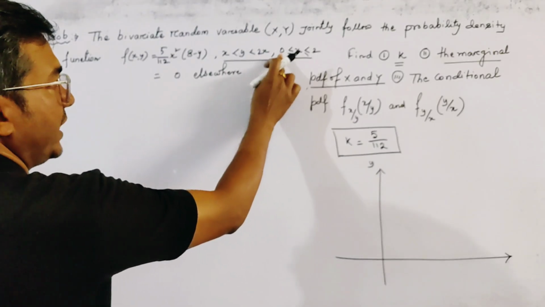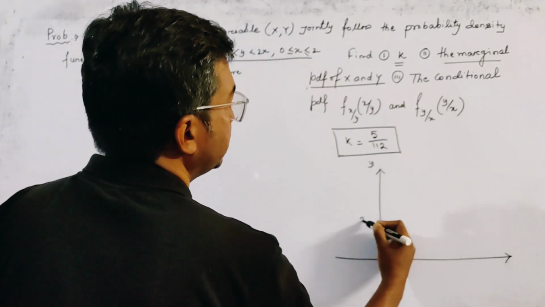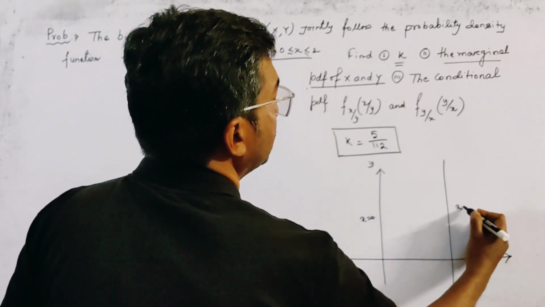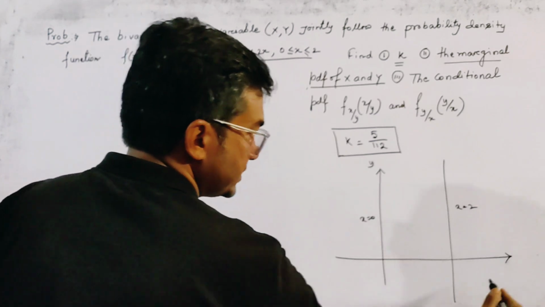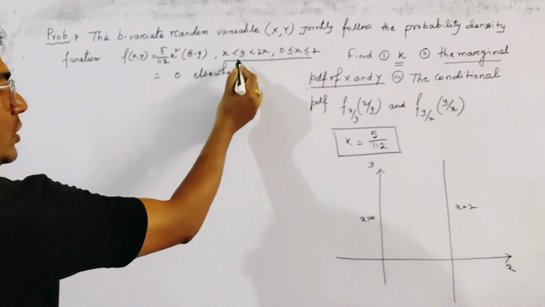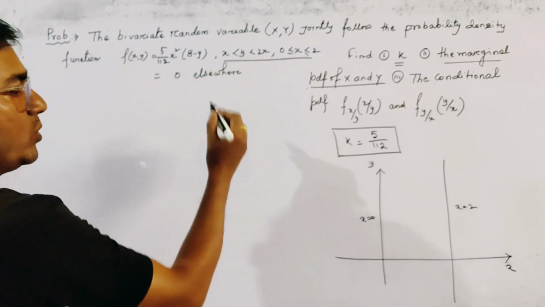It is given that x equals 0 to 2, so this is x equal to 0, and let this be x equal to 2. Now we draw the ranges of y. The first range is x equal to y.